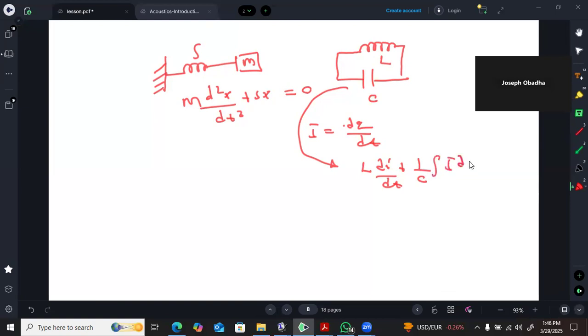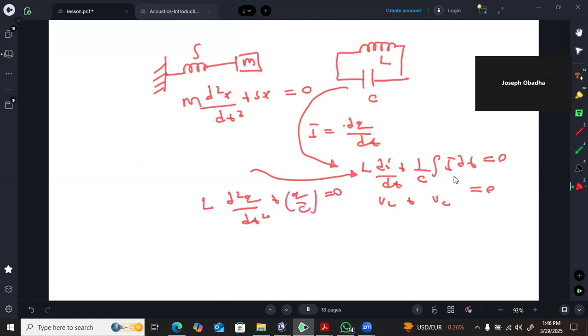So this should equal 0. That is to say VL plus VC is equal to 0. If I replace the i by dq by dt, I will have L d squared q by dt squared plus q over C is equal to 0, because if we integrate this, we get q.